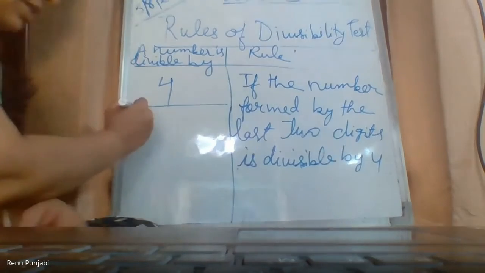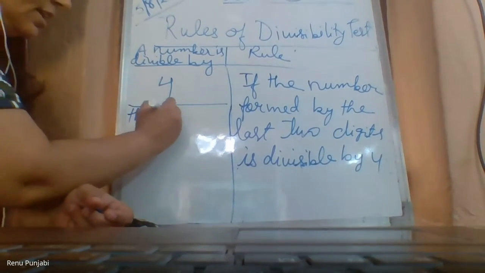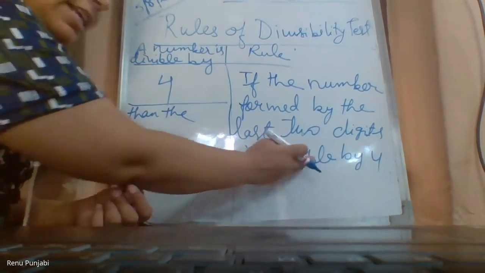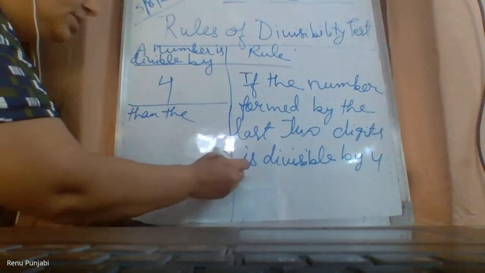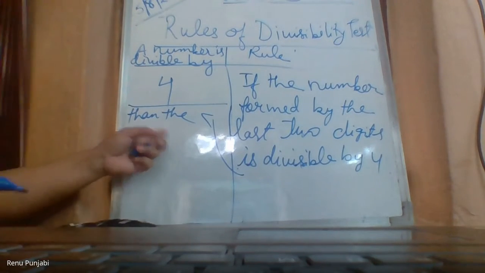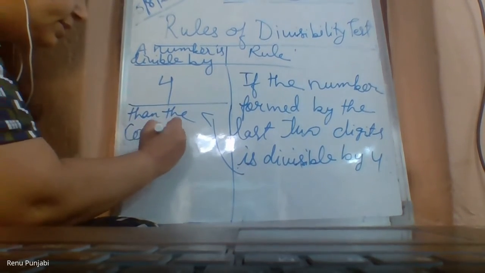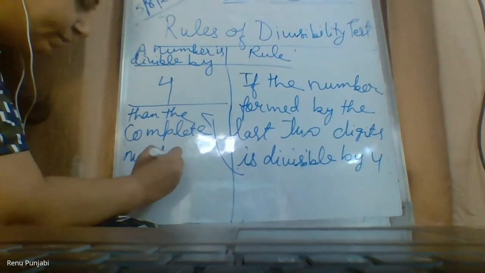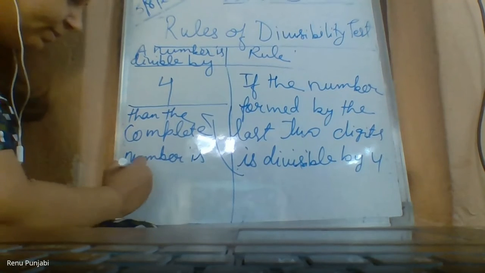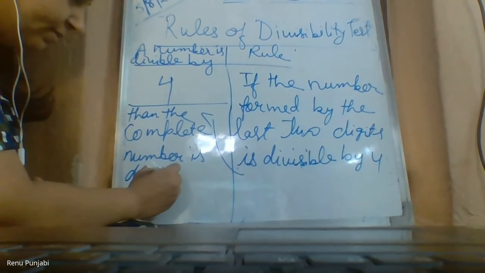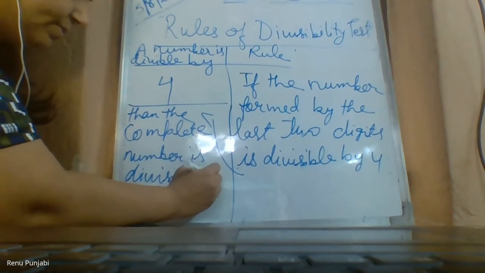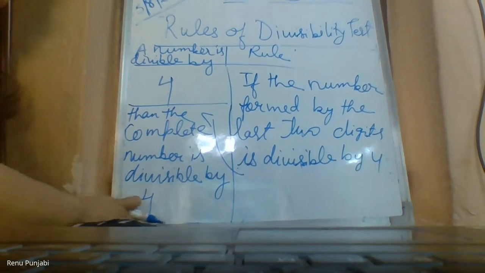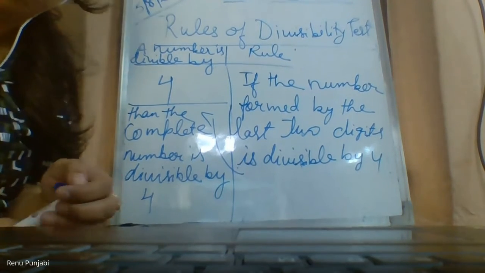After "by 4", you can write from here. Don't write this side, continue this side only. I don't have space, so I'm writing here. Then the complete number is divisible by 4. Please write fast.